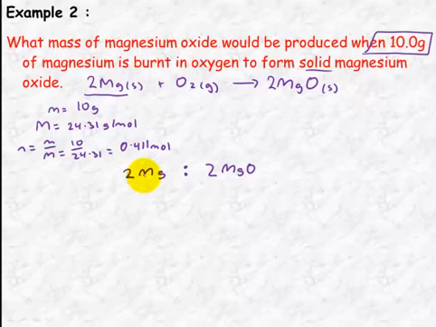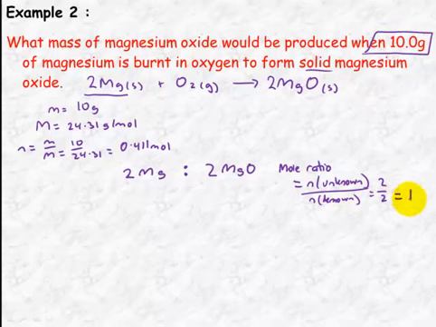The other way, as this can start getting confusing, is to work out the mole ratio equals number of moles of unknown divided by number of moles of known, which in this case is 2 divided by 2, so it's a mole ratio of 1.